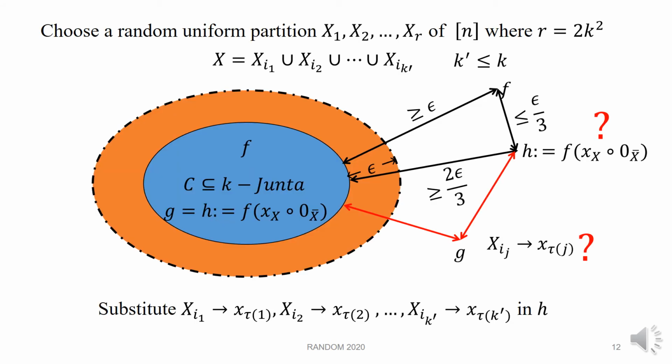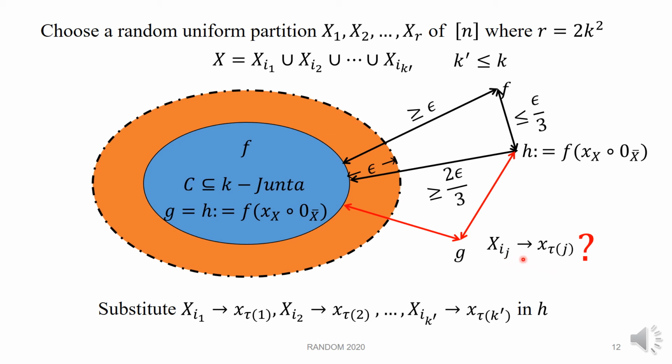Okay, so now we solved the first problem. We found enough relevant sets such that H is epsilon over 3 close to F. Now we want to solve the second problem.